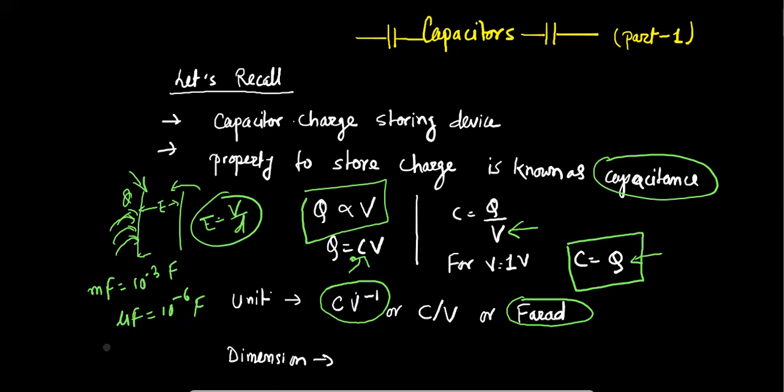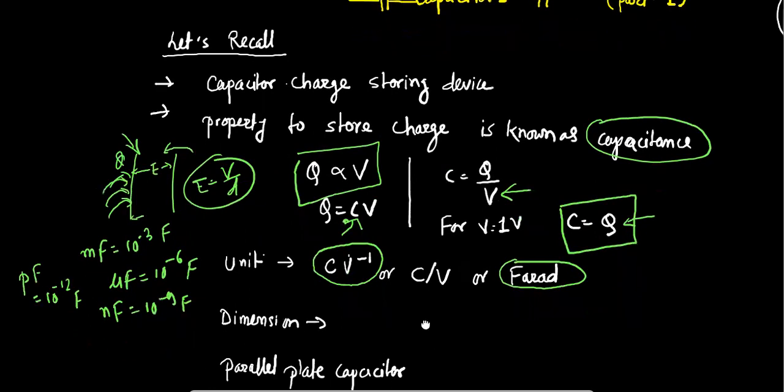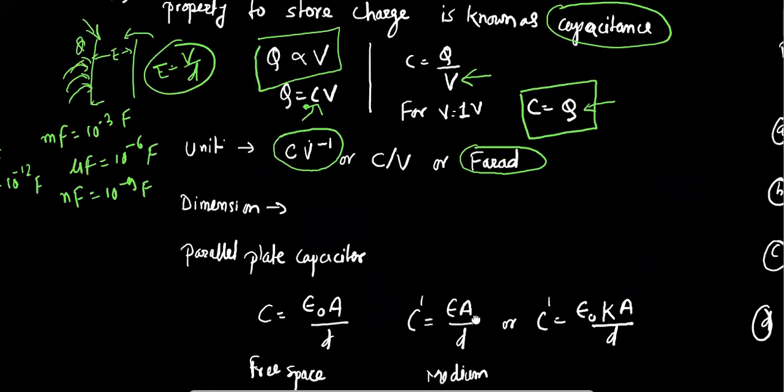And of course nanofarad, equal to 10 power minus 9 farad. And another one is picofarad, represented as small p capital F, which is equal to 10 power minus 12 F. So these are some small units of capacitance. Well, this is about the unit of capacitance.